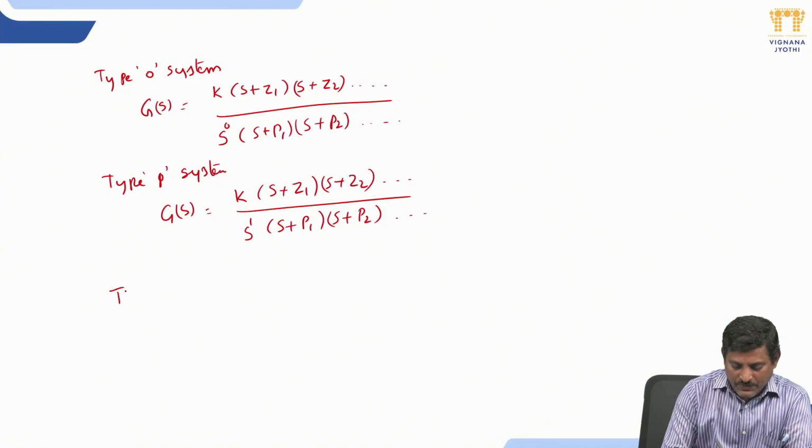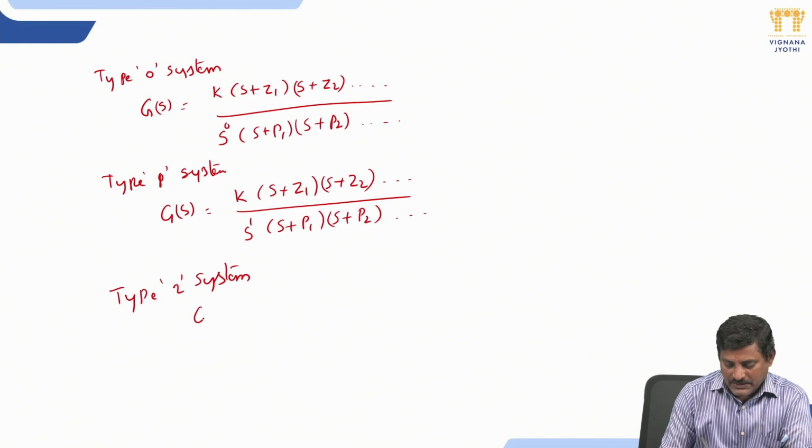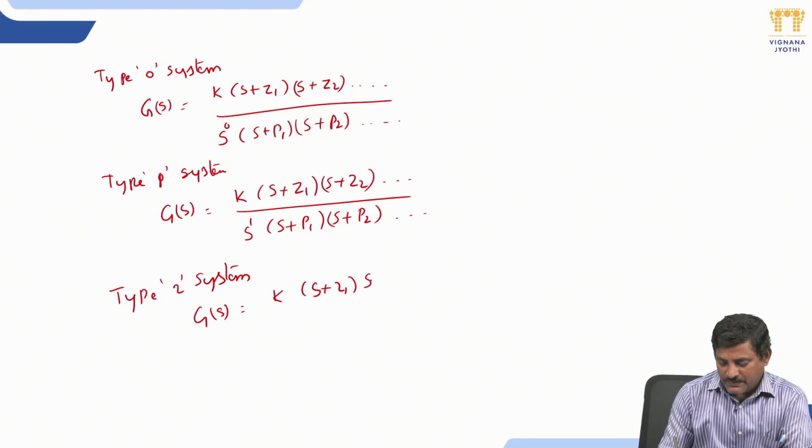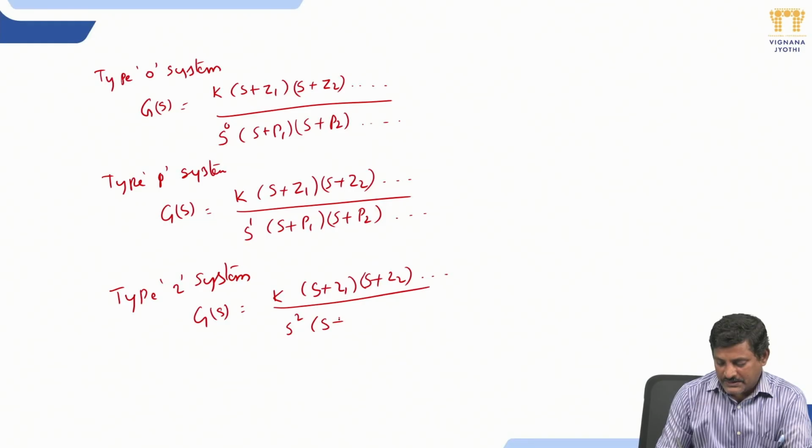And type 2 system is G of s equal to K into (s plus z1) into (s plus z2) etc., by s power 2 into (s plus p1) (s plus p2) etc.